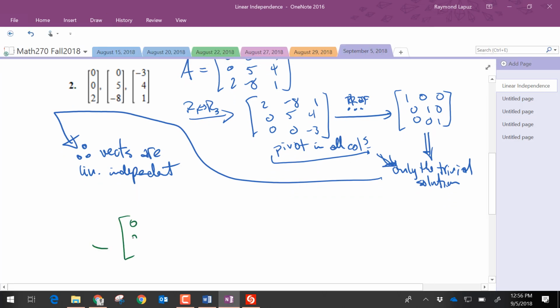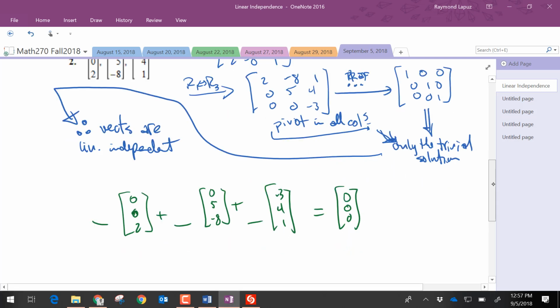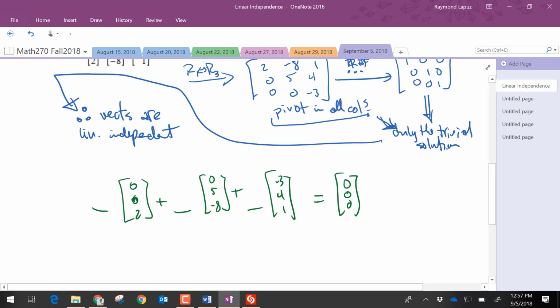So 0, 0, 2 plus blank times 0, 5, negative 8 plus blank times minus 3, 4, 1 equals the 0 vector. The only way this would work is if we put zeros in the blank. So only solution.